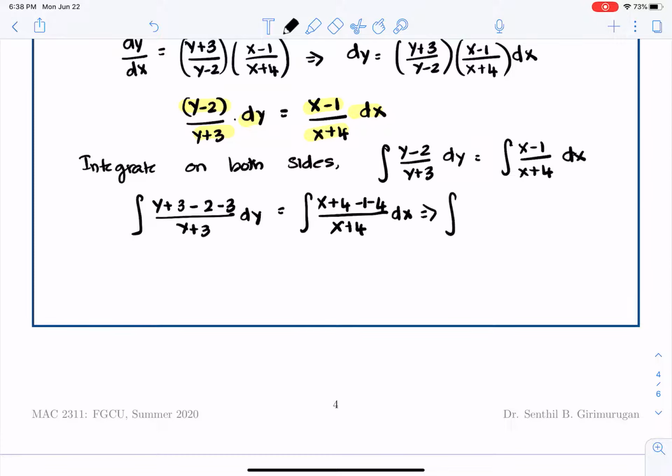That would give me y plus 3 minus 5 over y plus 3 dy equals x plus 4 minus 5 divided by x plus 4 dx.